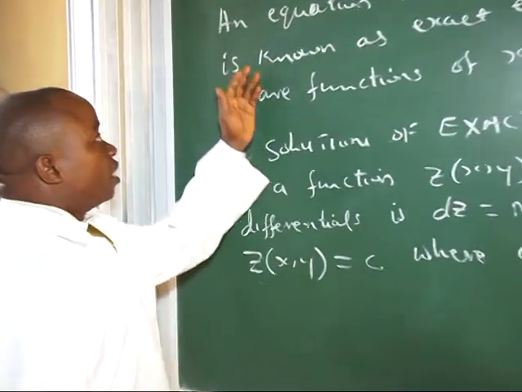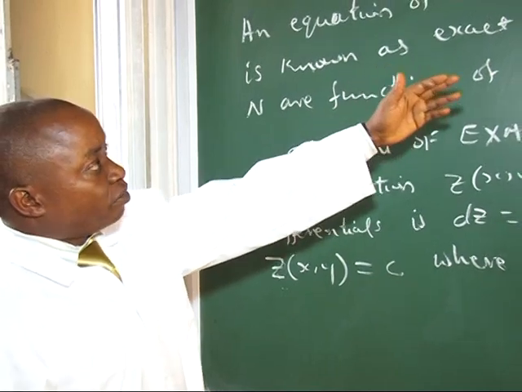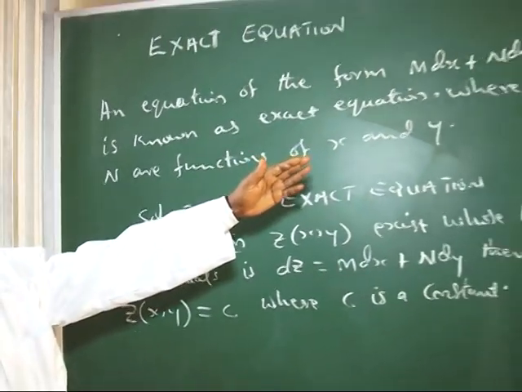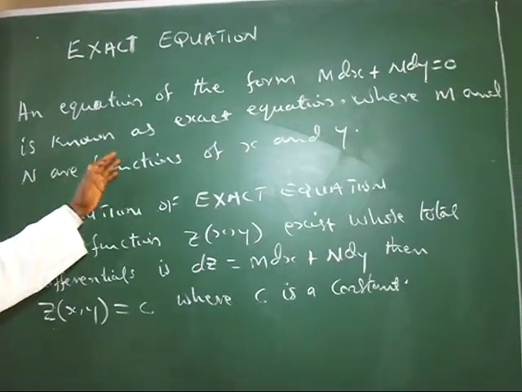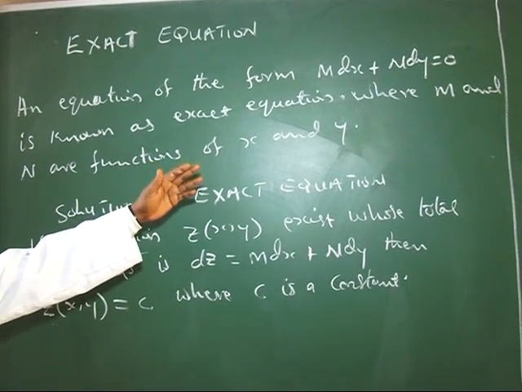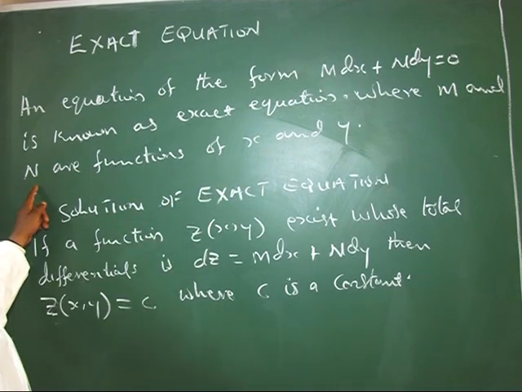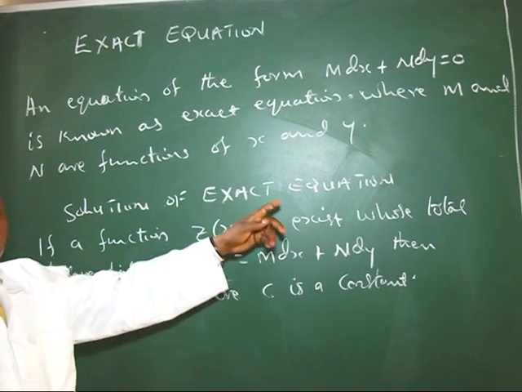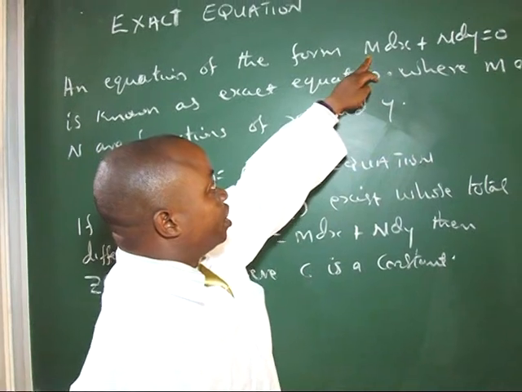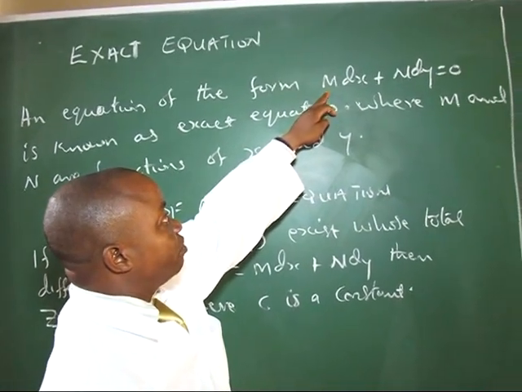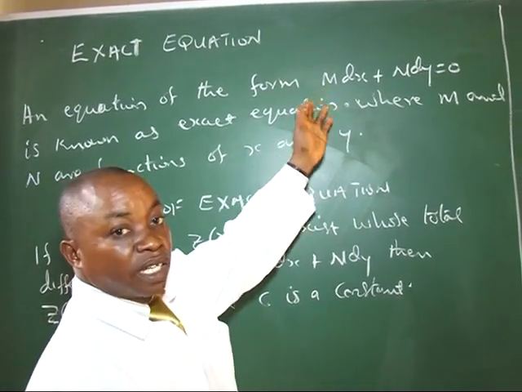So an equation of the form M dx plus N dy is equal to 0 is known as an exact equation, where M and N are functions of x and y. So what we are trying to say is that M is a function of x and y.